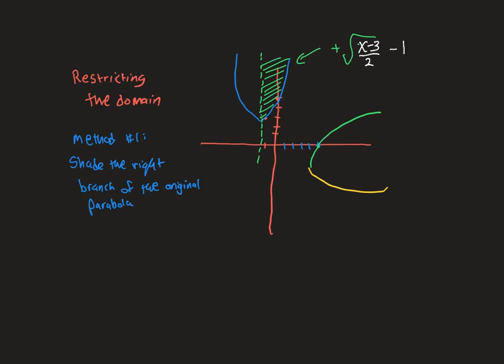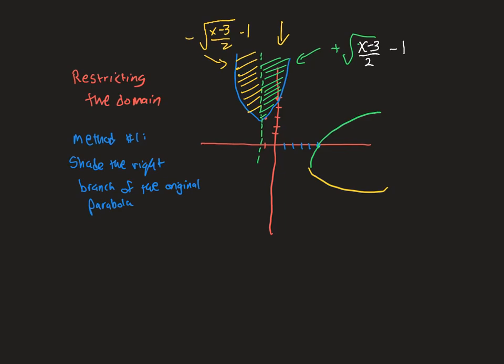So the right side of the branch coincides with the plus, and the yellow side, this left side here, coincides with the minus part. Now that's always going to be true. The left side always coincides with your negative part, the right side always coincides with your positive part. So in method 1, I am only going to choose my right side.